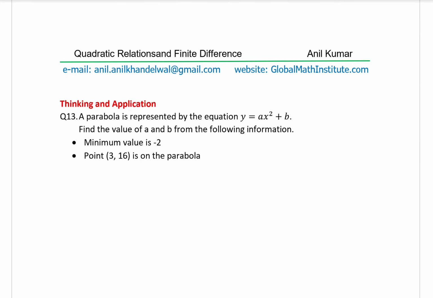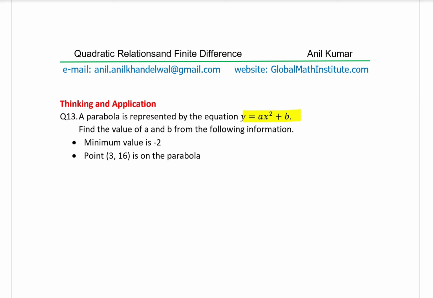Another thinking and application question, question number 13. A parabola is represented by the equation y = ax squared plus b. Find the value of a and b from the following information. Minimum value of minus 2 and the point (3, 16) is on the parabola. Okay, how will you do it?